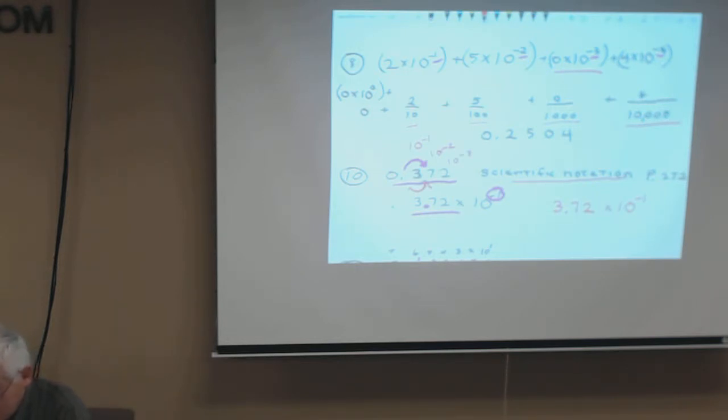So if I move it over and say it's 3.72, well, that's times 10 to the -1. Then that makes this number right here say the same thing as 0.372. And that's called scientific notation.